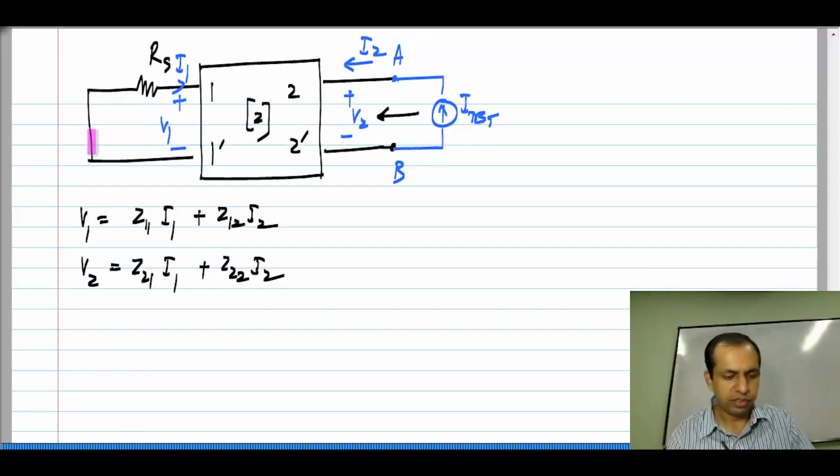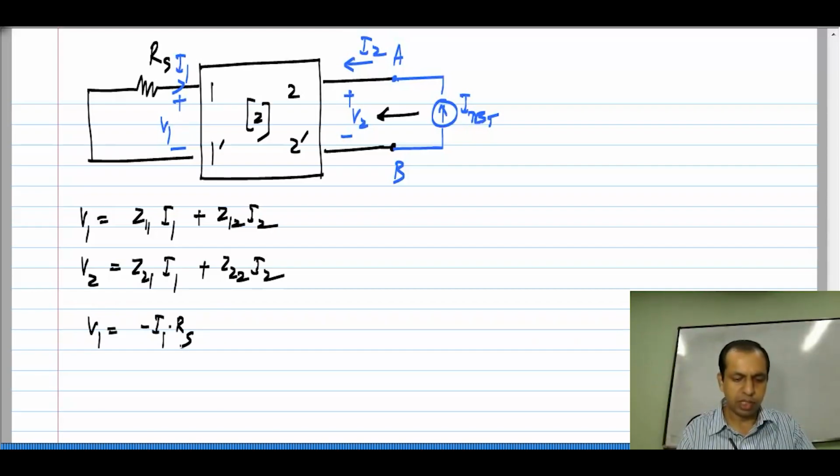Now, because we have this resistance here, we have a relationship enforced between V1 and I1 by Ohm's law. So, V1 is minus I1 times Rs. This is because of the direction of variables chosen. I1 is flowing out this way, whereas V1 is defined with this polarity. Remember, we need to find V2 by I2. That means we have to eliminate V1 and I1 from these two equations.